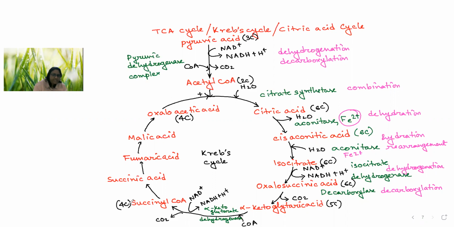Now from succinyl CoA there will be formation of succinic acid. Okay, so that means CoA has to go out. So I will write accordingly. CoA, that is coenzyme A, will go out. Water will come in. Okay, there will be formation of a new thing that is called GDP.